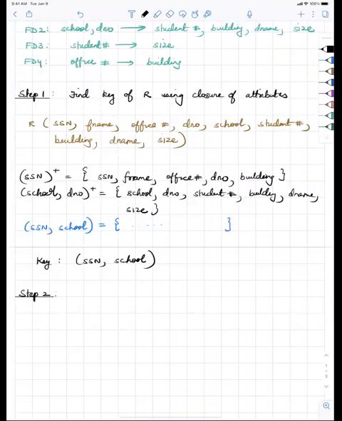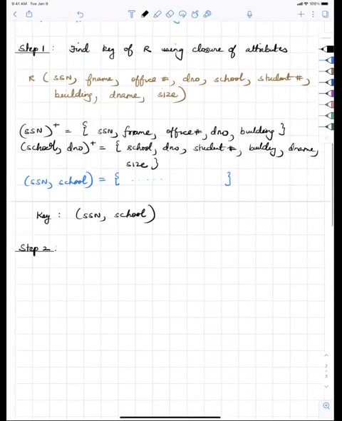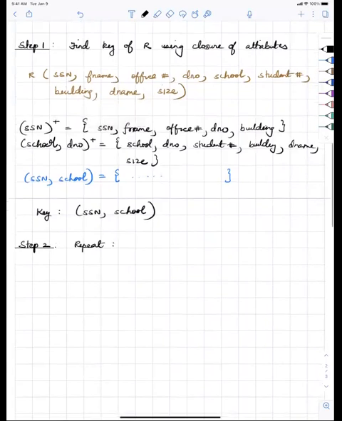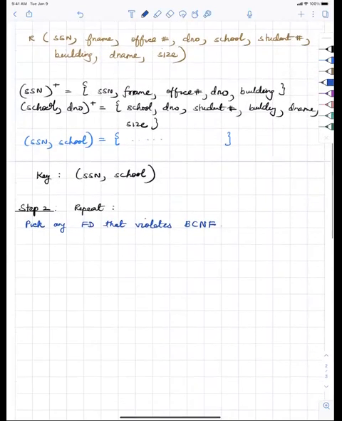which is the repeat. So this step you're going to keep repeating until all the tables are in Boyce Codd normal form. So here we are going to pick any functional dependency that violates Boyce Codd normal form. And then you divide R into R1 and R2.